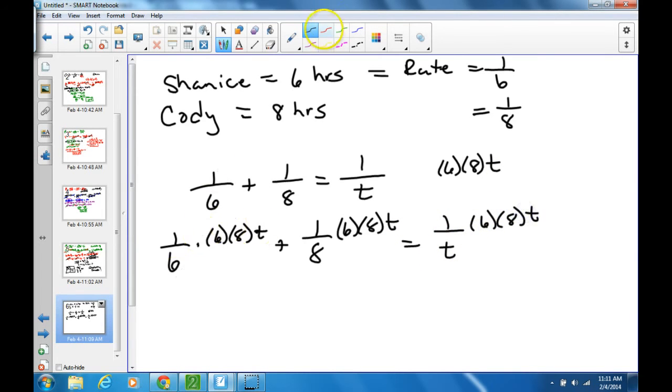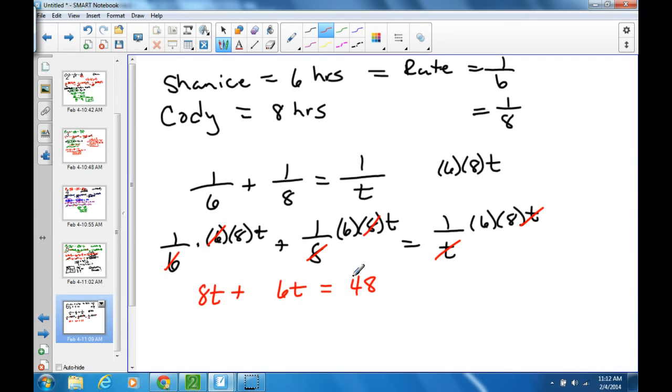What can I cancel out of the first one? 6. So I'm left with 8t. How about the second one? An 8. I'm left with 6t. And the last one, the t's cancel, so what's 6 times 8? 48.